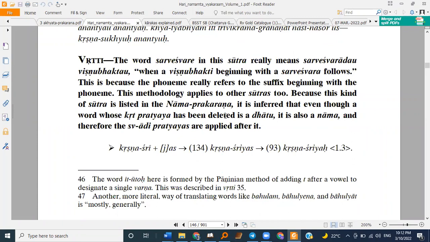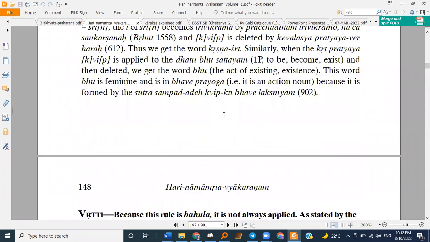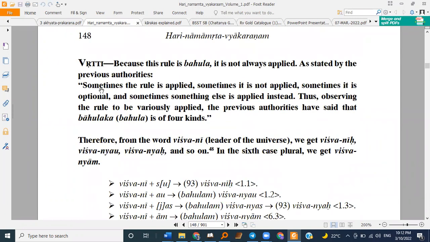That means sometimes the rule is applied, sometimes it is not. Sometimes it is optional and sometimes something else is applied instead. Thus, observing the rule to be variously applied, the previous authorities have said that Bahula is of 4 kinds.